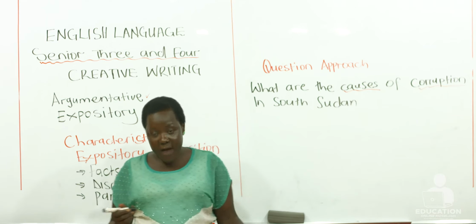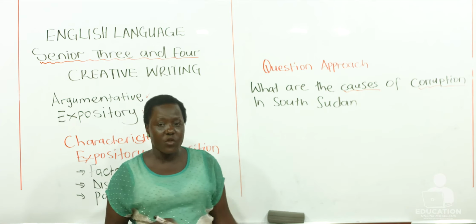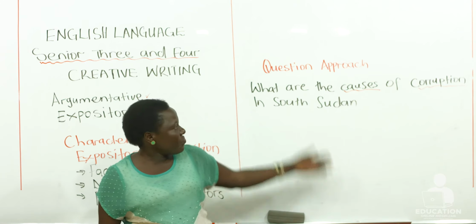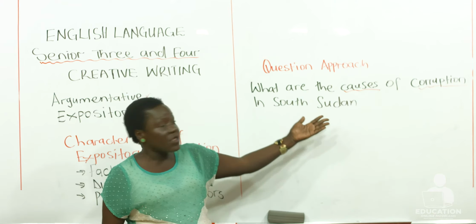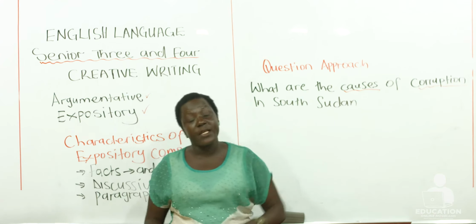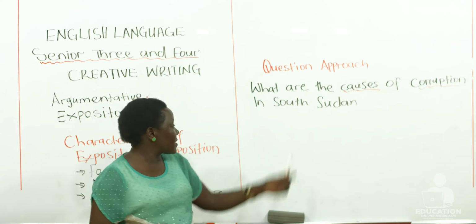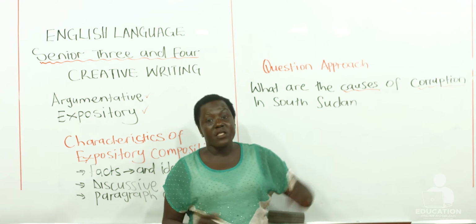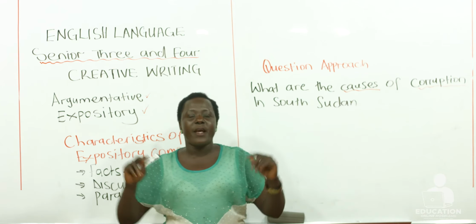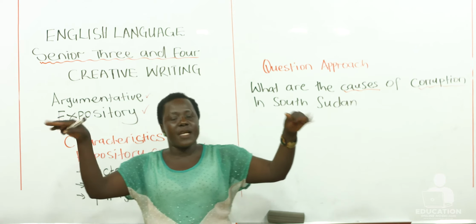Now, after writing the definition of keywords, you will come and begin to write in paragraphs. First, according to you, maybe you think corruption is caused by greediness of the leaders. Then you begin to write, important to note is the greediness of the leaders. Many leaders in South Sudan are very greedy. They want everything, all the resources to themselves. They are self-centered.